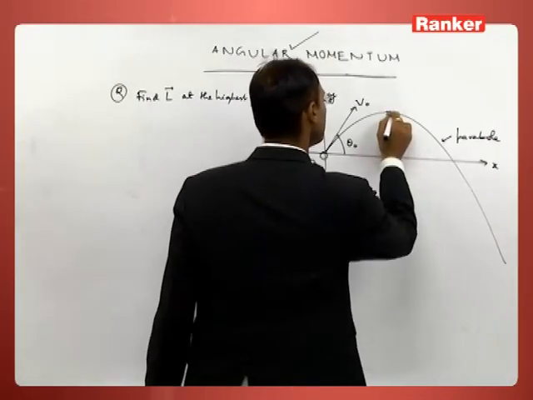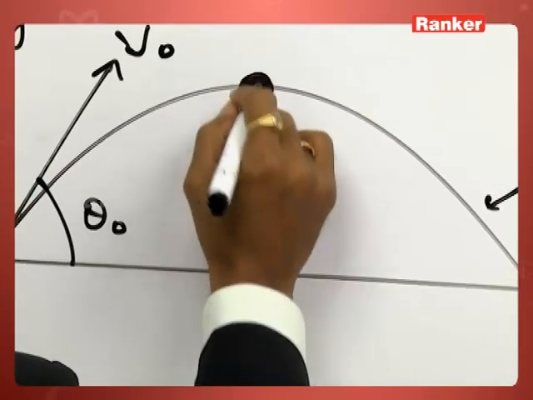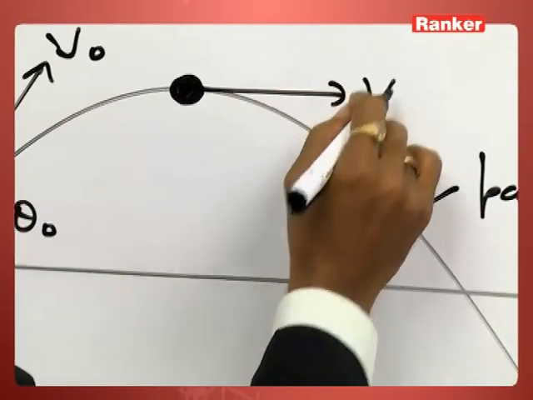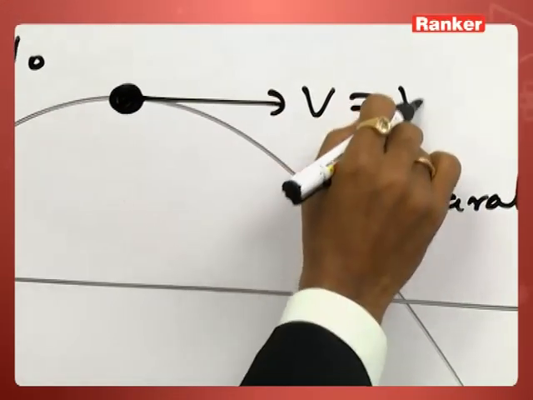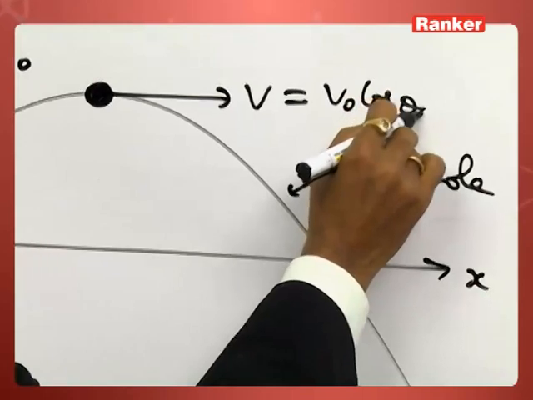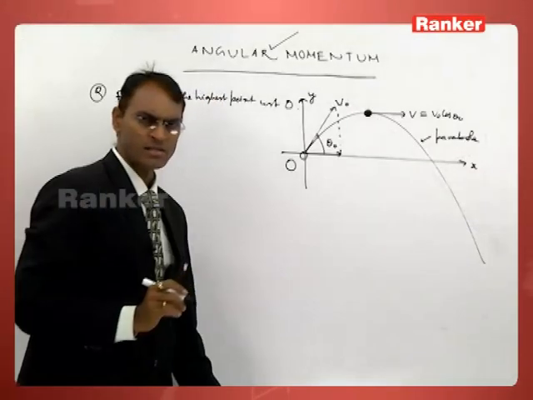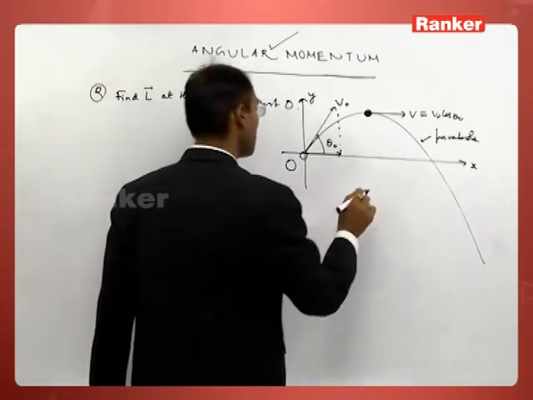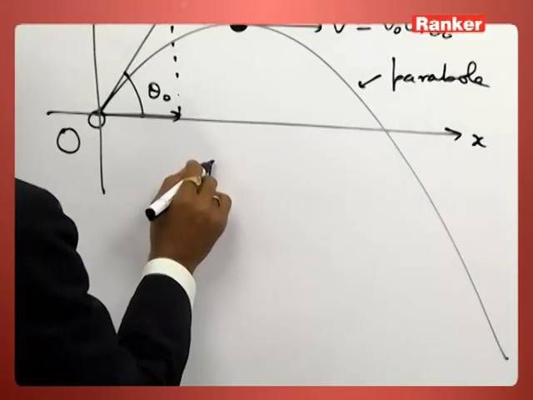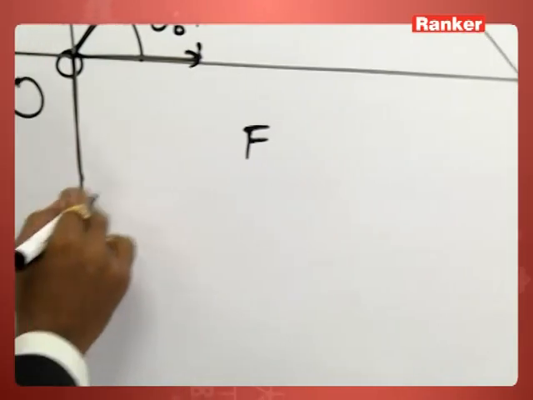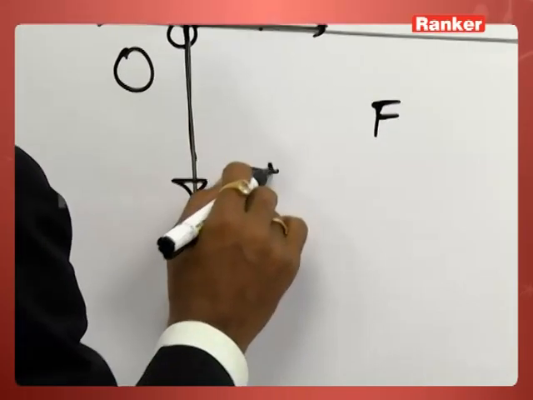So at the highest point, this particle moves with a velocity v equal to v naught cos theta naught, because its horizontal component of the velocity or the linear momentum will remain constant, because the net force is acting down, that is gravity force.